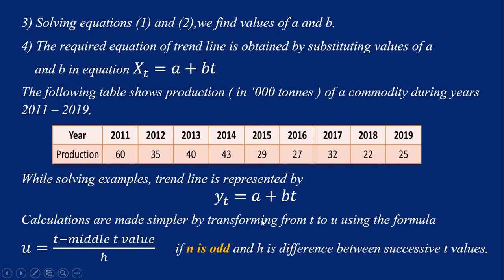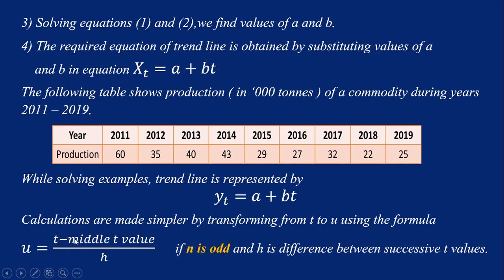Calculations are made simpler by transforming t to u. Now if we observe values of t, these are 2011, 2012, 2013 and so on. So to make calculations simpler, we transform t to u using this formula.